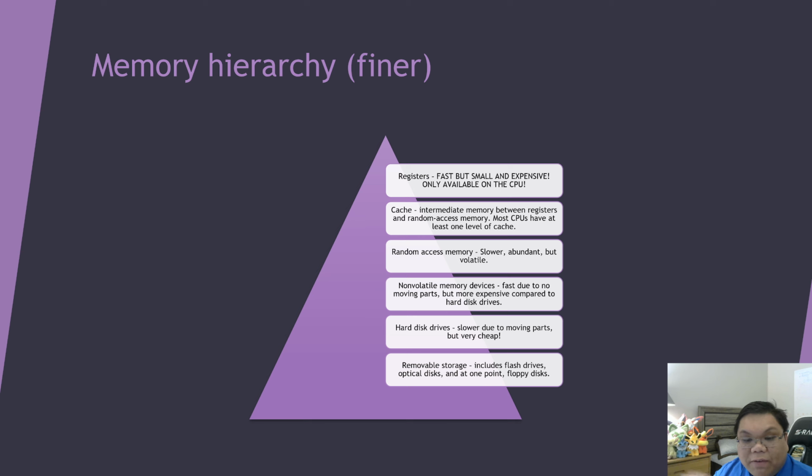So the point of cache is to have a copy of what was from random access memory that is easier to access than if we were to go to random access memory.